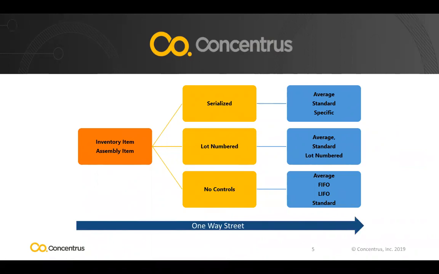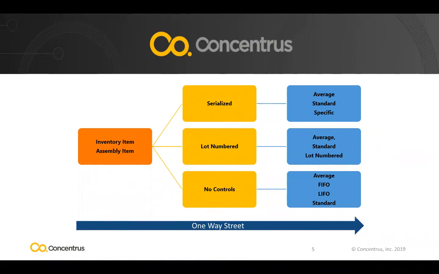What's important to understand is that when you've created an item, when you've selected serialized, whether it's serialized standard or specific or average, this is a one-way street. NetSuite will create the necessary records to support that particular cost method, and you cannot change it. So if you start down a path with serialized items, but you want to switch over to a different costing methodology, you can do that, but you have to basically create a new SKU.